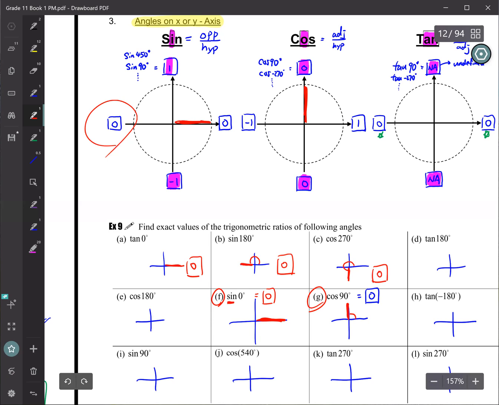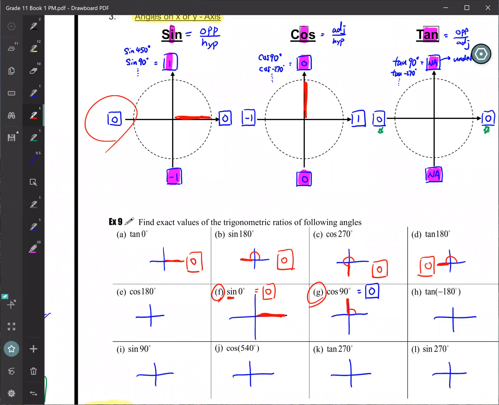Marcus, question D. Undefined. Question D is... Oh, 0. 180 degree, 0. Yeah, 180 degree is here, so it should be 0. Waylon, question E. I got -1. Okay, good. 180 degree will be here, so it'll be -1.